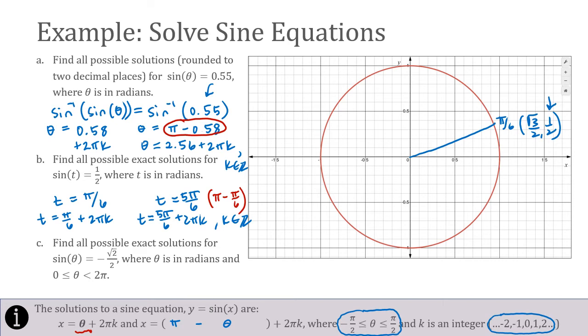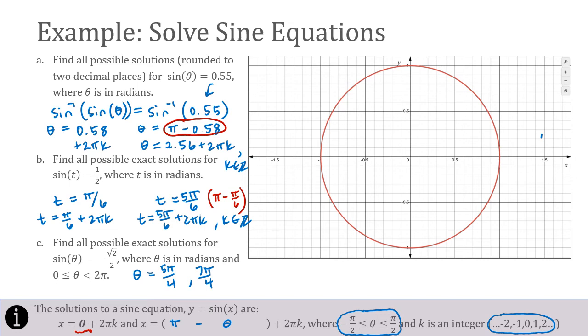All right, let's finish this out by looking at part C. Sine of theta equals negative square root of 2 over 2. Now, if I have that memorized, then I know that the angle measures that produce a sine of negative square root of 2 over 2 are 5 pi over 4 and also 7 pi over 4.